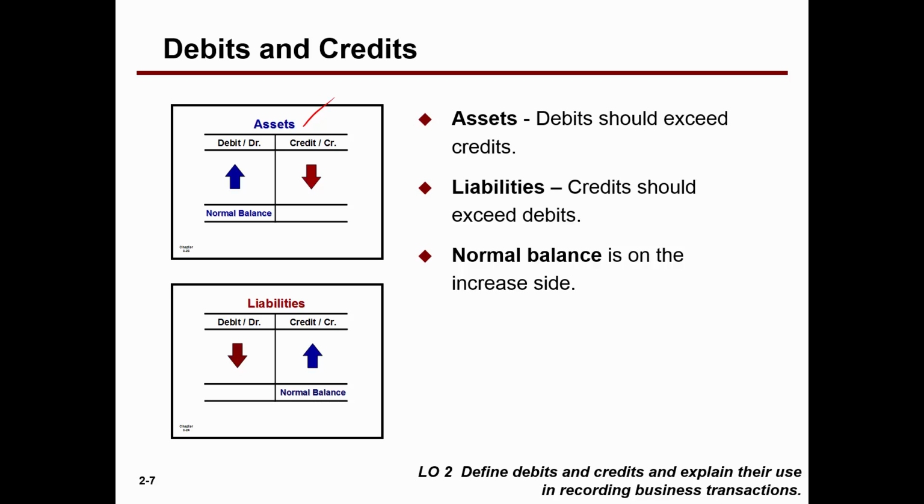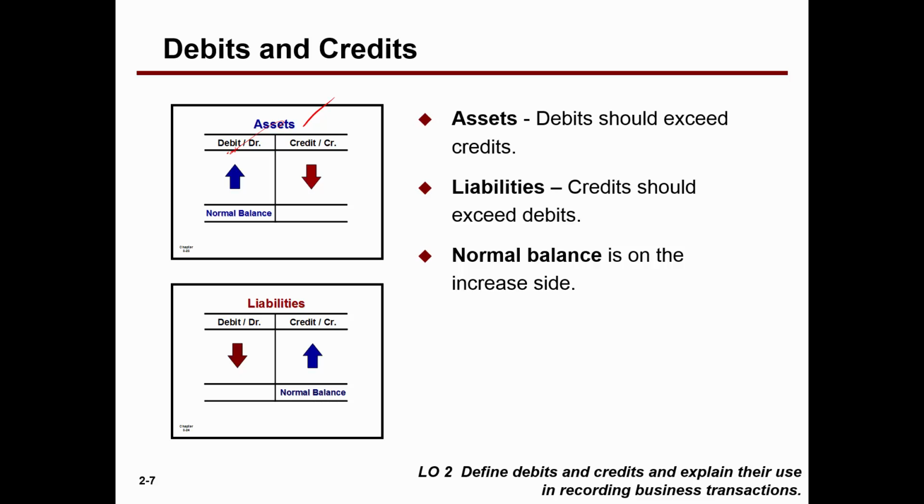Well, that's true for liability types. Debits will decrease and credits will increase. So you got to know this rule for increasing and decreasing. In the case of assets, debits increase. And the opposite of an asset we own would be a liability we owe. So it has the opposite rule to increase, here with a credit. Okay, so you got to know this rule now.